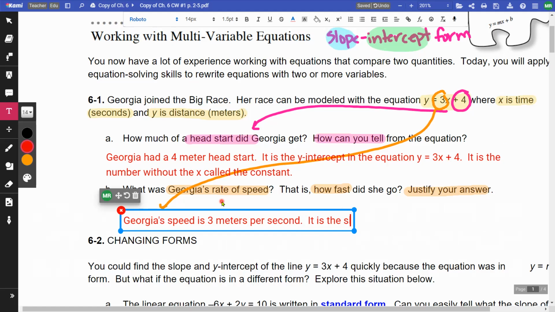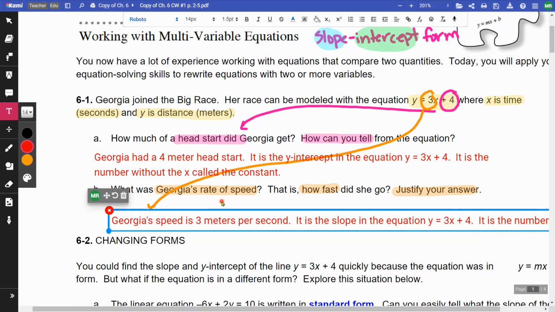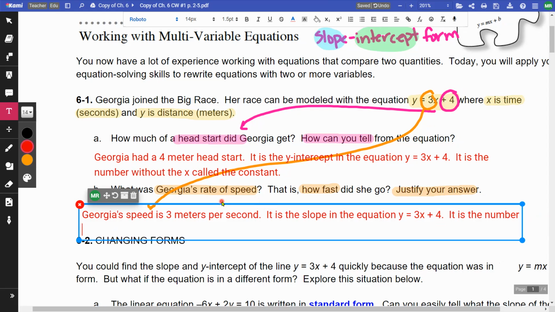It is the slope in the equation y equal 3x plus 4. It is the number with the x when the equation is in y equal form, or that slope-intercept form.